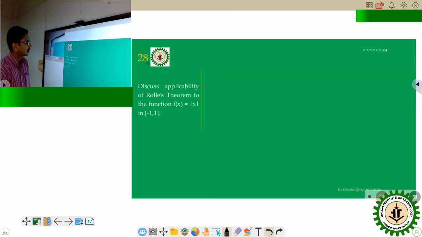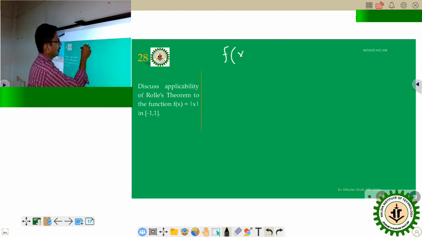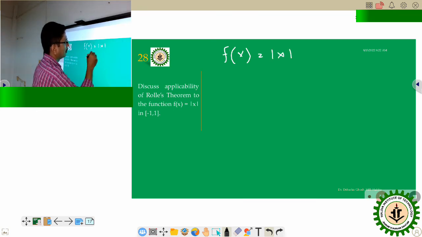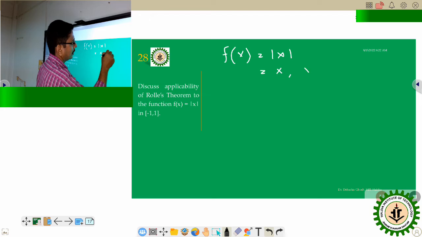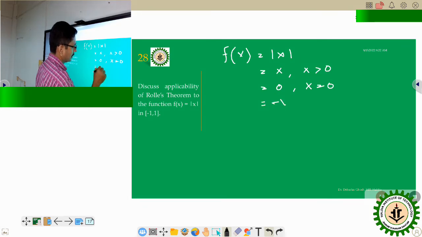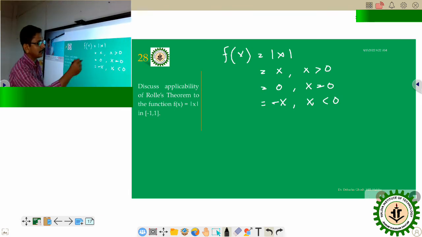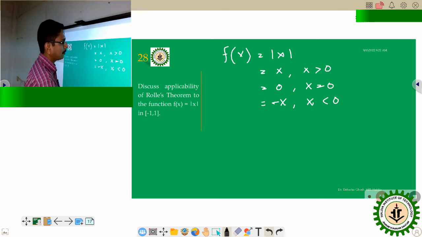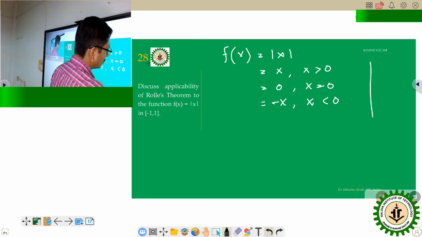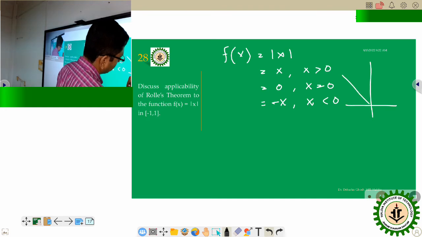So consider f of x equals mod x, for which we have x when x is greater than 0, 0 for x equals 0, and minus x when x is less than 0. You can see that piecewise it is a polynomial function and the pieces meet at the point 0. If we draw this, it represents a continuous function over any interval you consider, in particular minus 1 to 1.